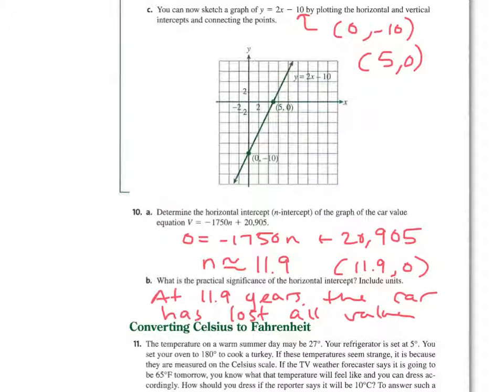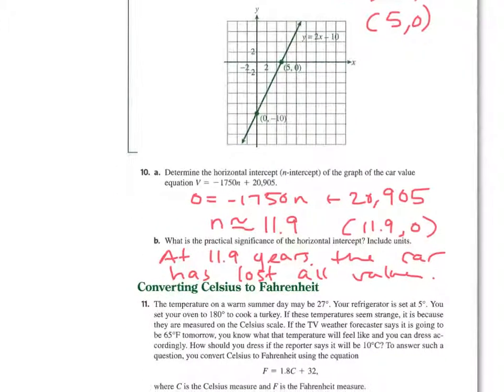That means the value is 0 after that many years. If you remember correctly on the graph, this is just a really rough sketch. We didn't have it all the way down to the bottom, but this would be that 11.9. That's how many years it takes for the car to be worth nothing, whereas this up here is when the years are 0, and that's the initial value.